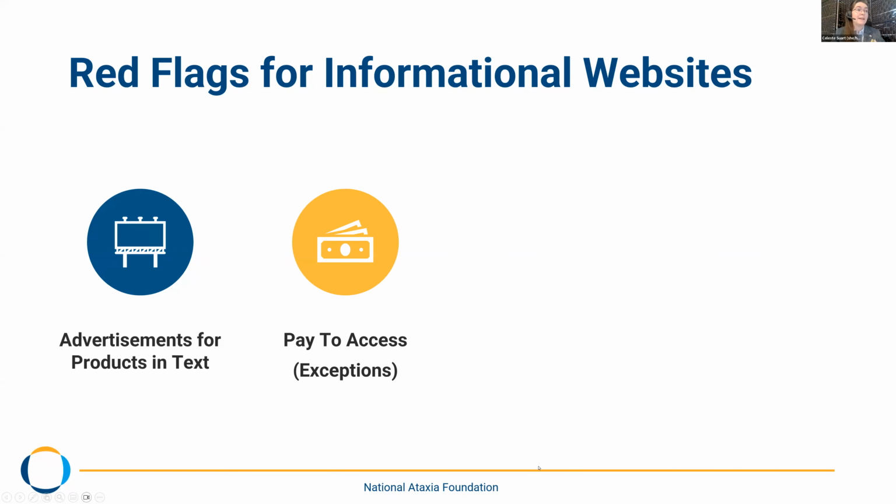Additionally, websites that you have to pay to access. Now, there are exceptions to this. For example, your local newspaper may ask you to pay a subscription in order to read their articles. That's a really common way to be able to pay reporters' salaries. In this particular instance, these are websites that advertise that they will give you a quick fix, a quick cure.